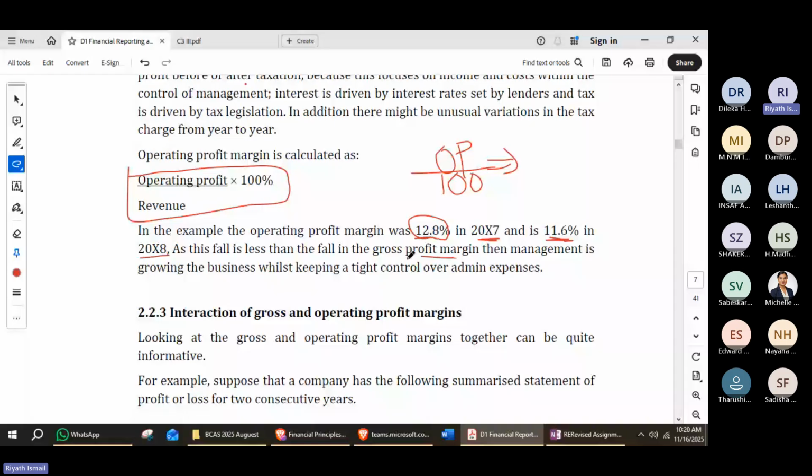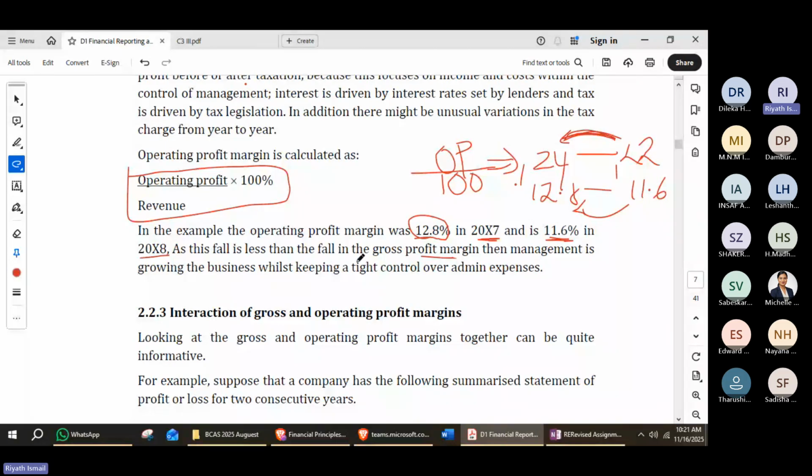Earlier gross profit margin was 24, now 22. And operating profit margin this year is 11.6, earlier it was 12.8. When we compare, the gross margin fell 2%, but here the fall is very small, almost 1%, 1.2.